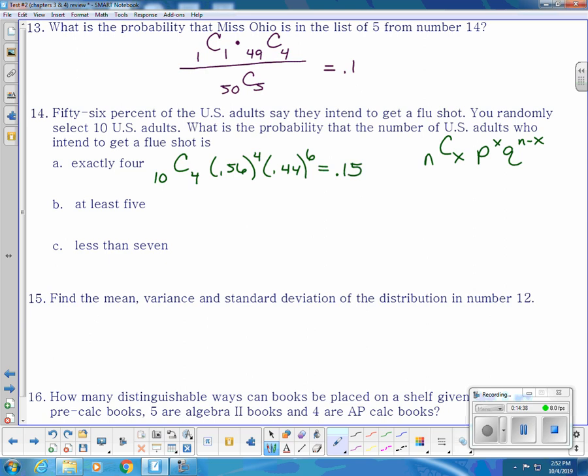Now, I promise you on the test, these are going to be a little bit shorter. At least 5. So at least 5 means 5, 6, so on and so on until you get to 10. So you have to do all of those and add them up. I'm just going to kind of start this process. Plus and then you just pick the next one.